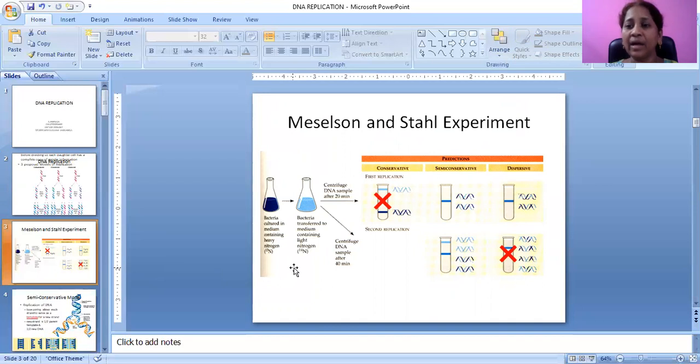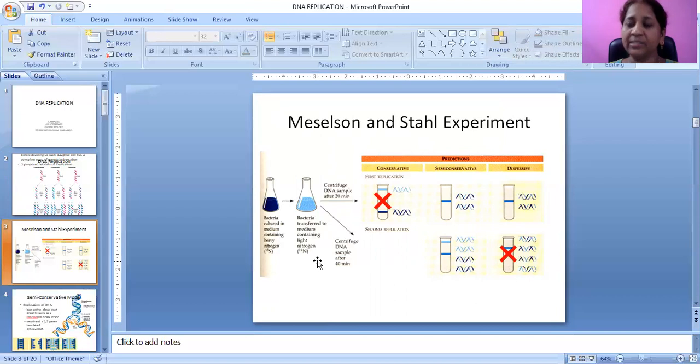After the first generation, they transferred the bacteria into N14 culture. Nitrogen has two isotopes, N15 and N14. First they grew the E. coli on N15, then transferred it into N14.